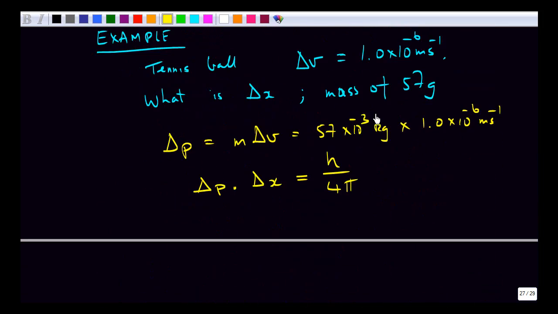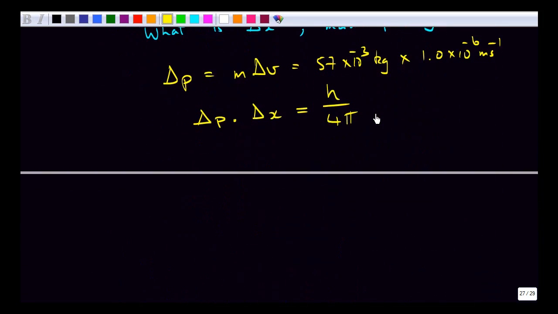So if we go back down here now, we can rearrange that equation because we're looking for delta x, remember, so delta x is going to be equal to h over 4 pi, multiplied by 1 over delta p. So that should be delta p there.